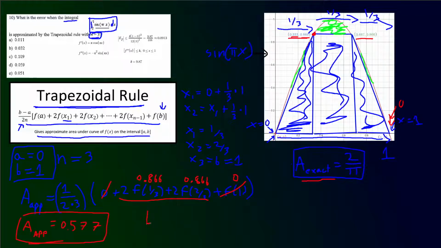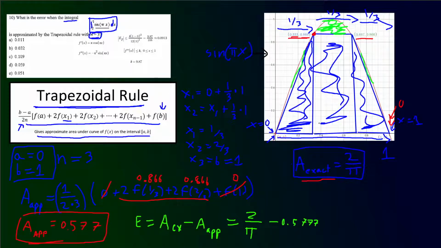So I'll write this: error E is equal to the exact area, EX, minus the area approximate. We have to do 2 over pi, because that was what we got for the exact area, minus 0.577, and we'll put a couple extras on there to make sure we get close enough digits.